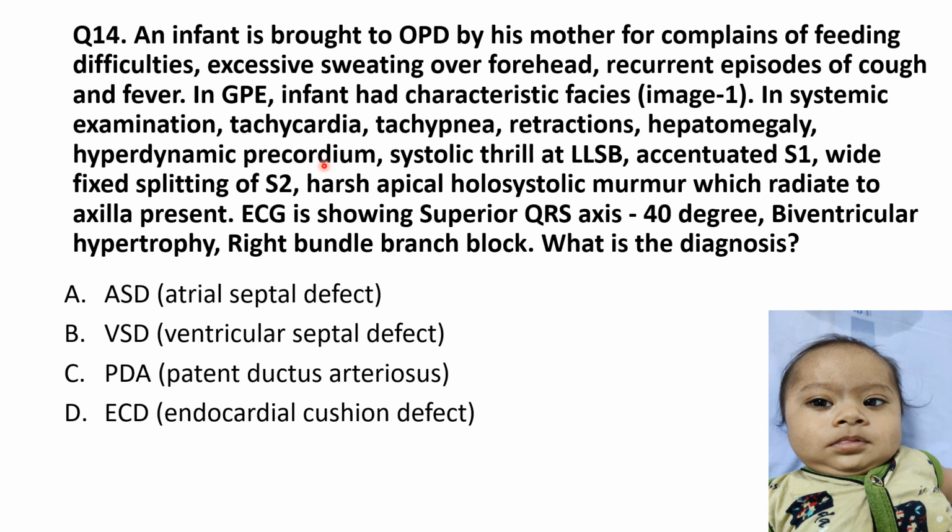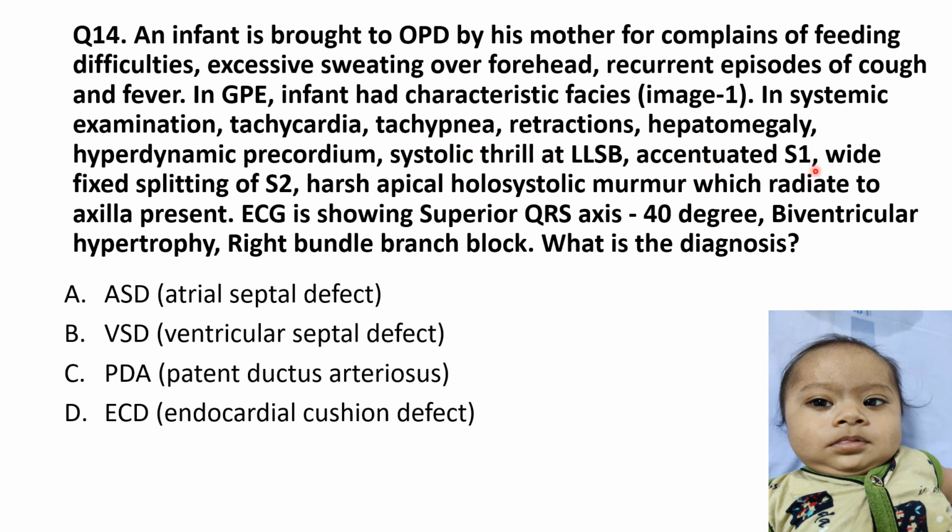So here the patient has acyanotic heart disease, so maybe it is because of VSD, PDA or MR. Now, systolic thrill at the lower left sternal border means in the fourth, fifth left intercostal space just lateral to the sternum. This is characteristically seen in ventricular septal defect. So the patient has VSD according to the systolic thrill and hyperdynamic precordium.